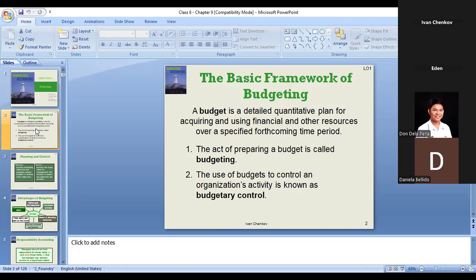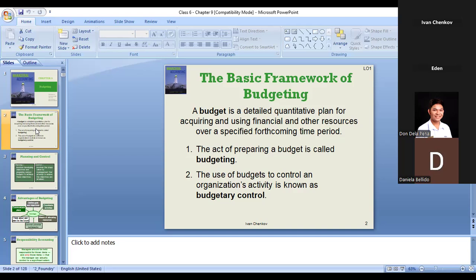Again, we have a budget, we have a plan, only for one reason: because we have a goal or an objective. If we don't have a goal or objective, it doesn't make sense for you to make any budgets.